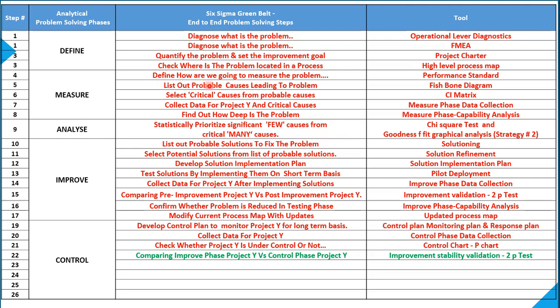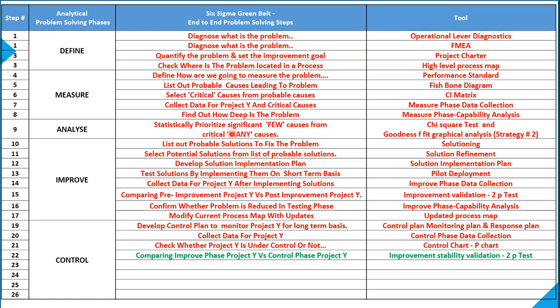When we started, take an example, we had more than 20-25 different probable causes. Then at the level of selecting critical causes with the CI matrix, we trimmed down the total number of causes to say 8 to 9 different causes, and from those, we find out statistically significant 3 to 4 different causes.